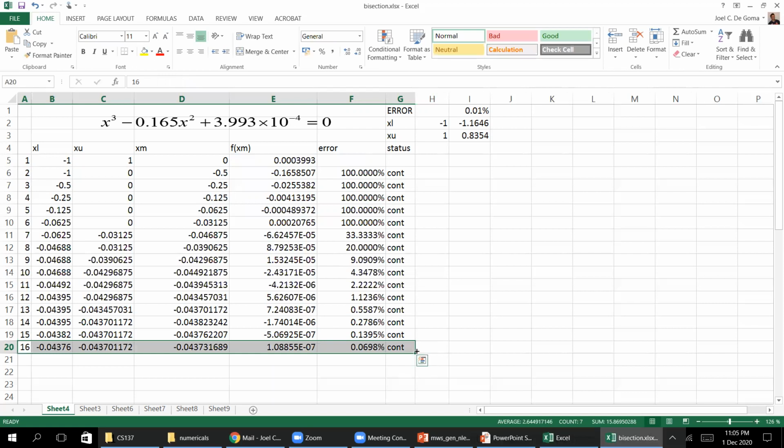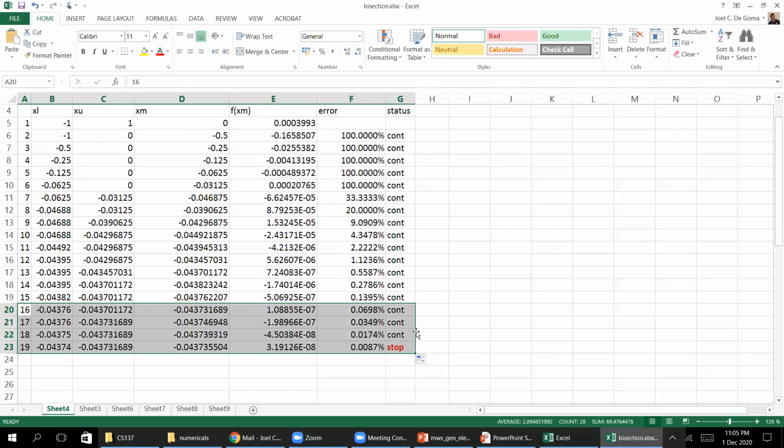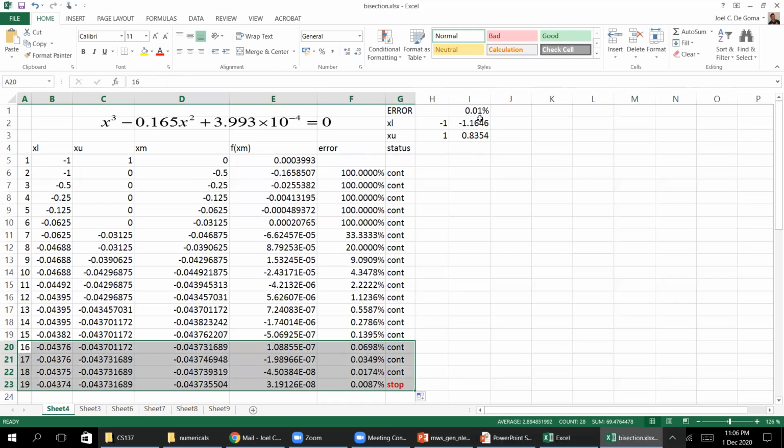I'm just going to drag this. We're going to stop when it's less than or equal to this error. It's 0.0087. And we have 19 steps.